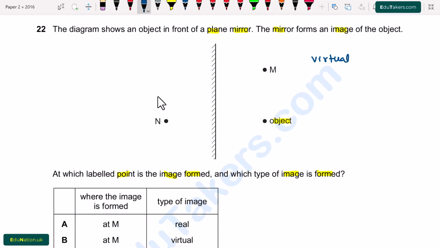Next we also have to find out the location where the image is formed. The image formed by the plane mirror will be at the same distance from the mirror as that of the object, but it should be on the opposite side of the object. It means that the image is formed at the point N. Here the image will be formed and it should be virtual.